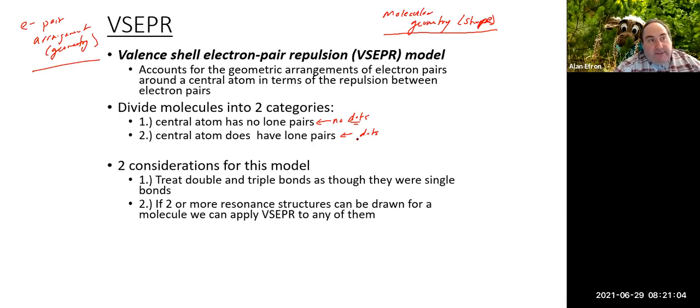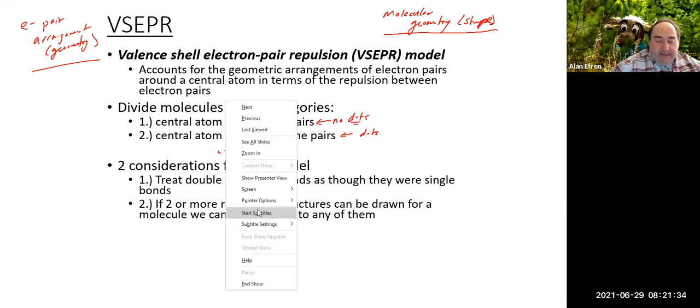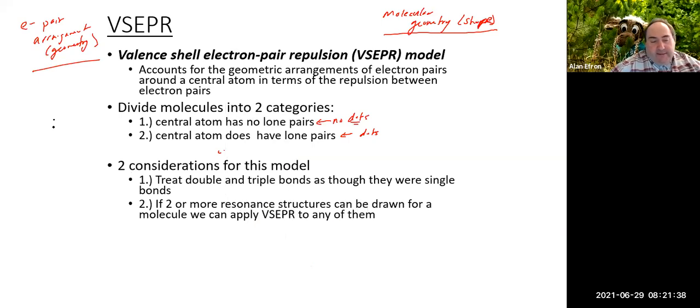Now, there are two important considerations, but the first one really is the most important, and especially when you're doing geometry, it's a really important rule to remember. If you have a double bond or a triple bond when you draw your Lewis structure, we treat all double bonds and triple bonds as if they were single bonds and single electron pairs.